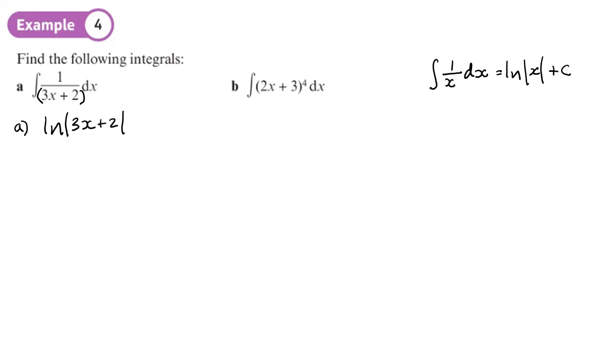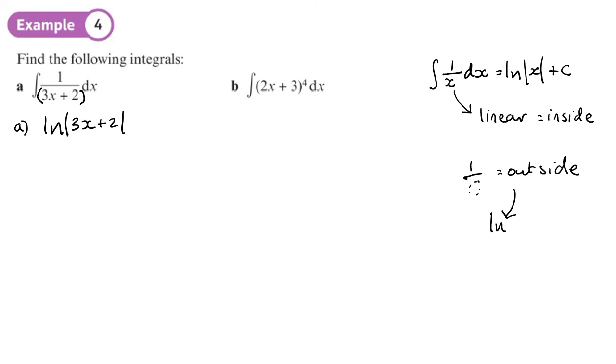So you think of whatever's down here, this linear part, as the inside, and then you almost need to think of the 1 over part as the outside, and then when you integrate the outside, that will become log, basically, of the bottom, log of the inside, which is what we're doing here.